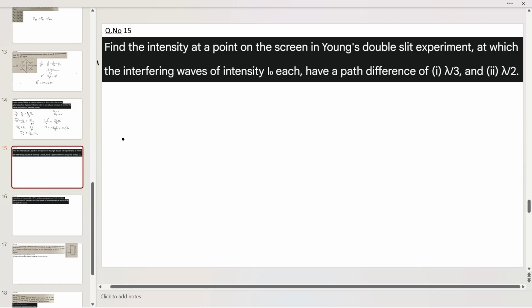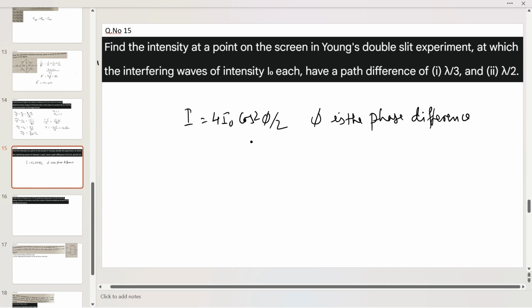So we know the formula I is equal to 4 I naught cos square phi by 2. Here phi is the phase difference, and phi is equal to 2 pi by lambda into path difference.